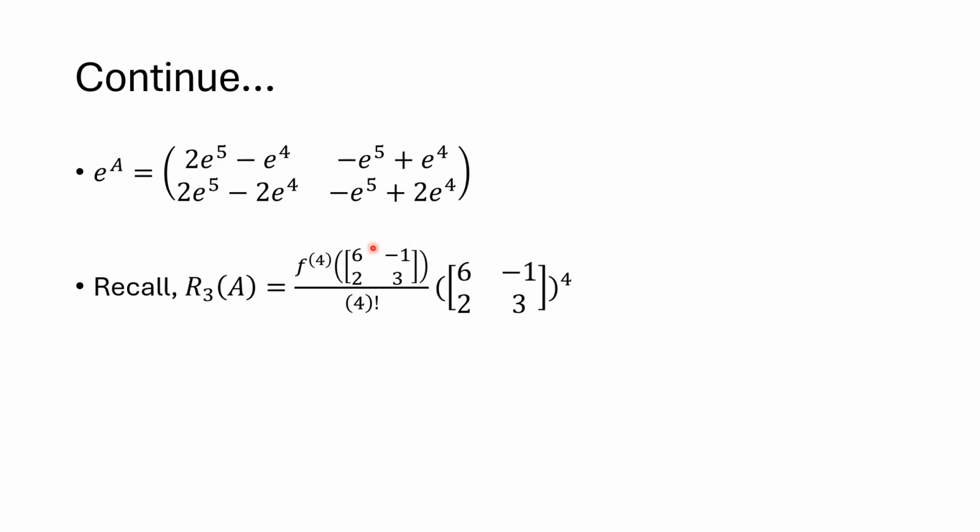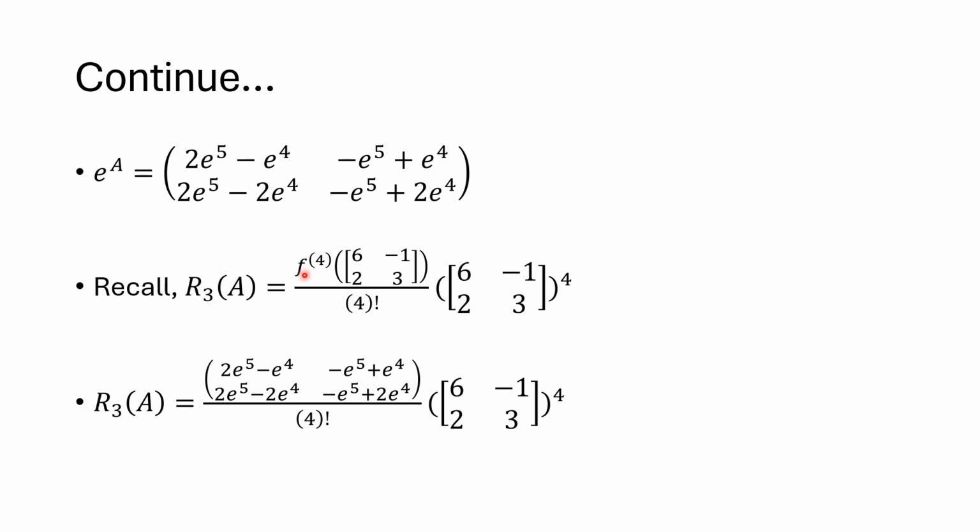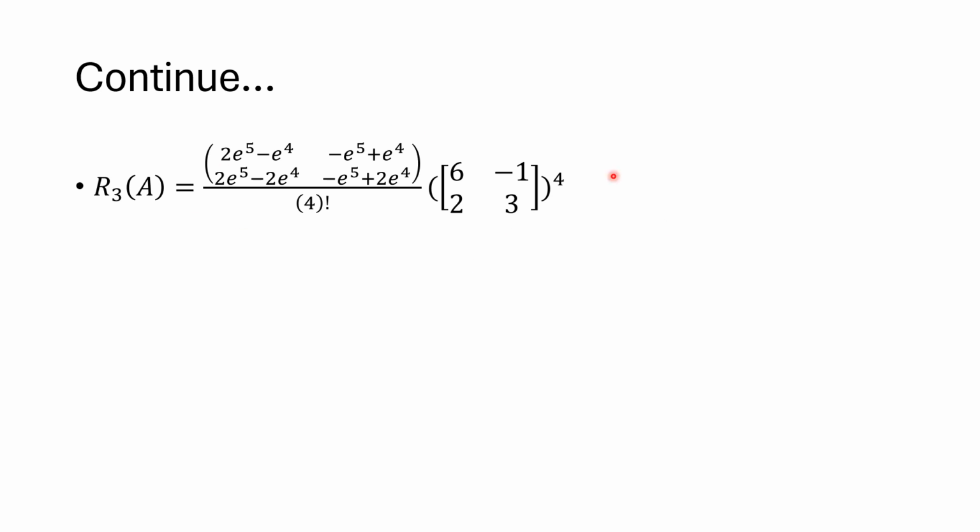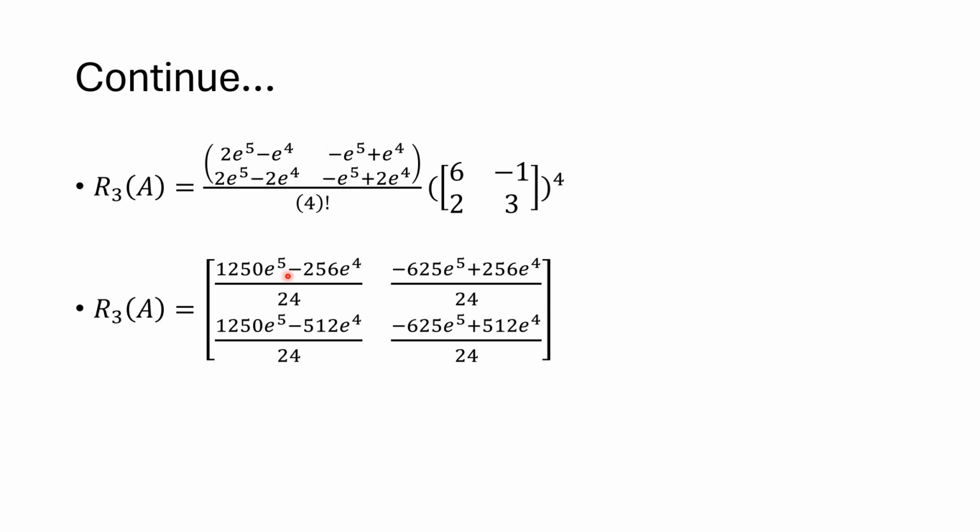And if we replace this with this, and simplify the operations, we get something like this. The remainder of A, when we use a Taylor series to approximate the value for f of A, is this.